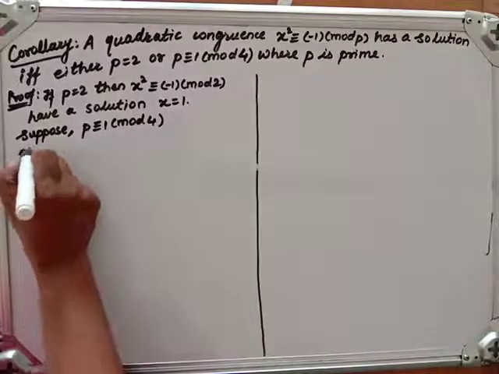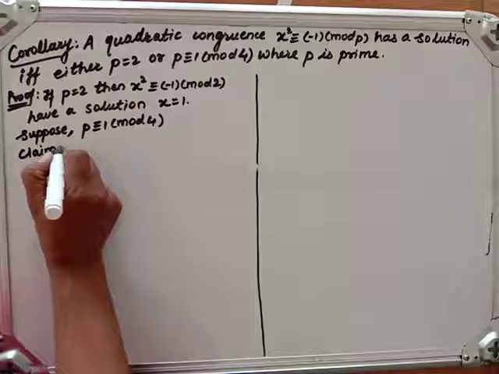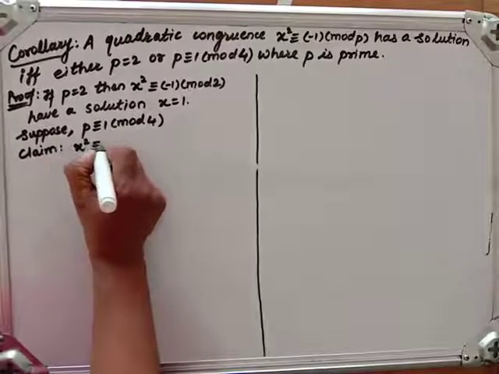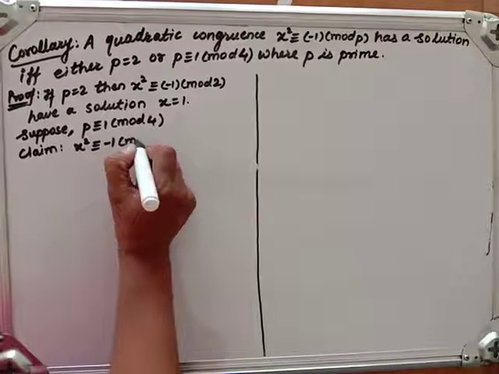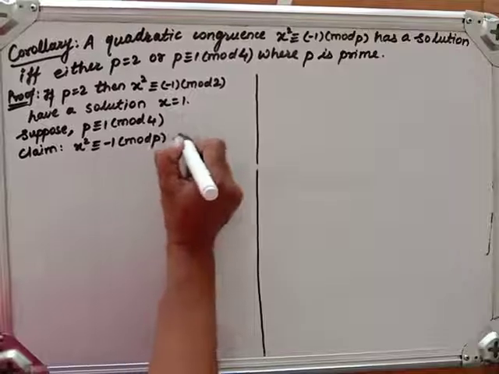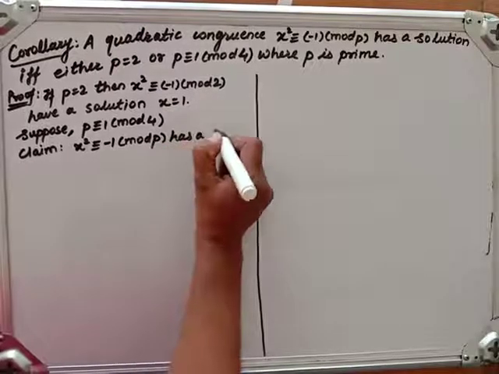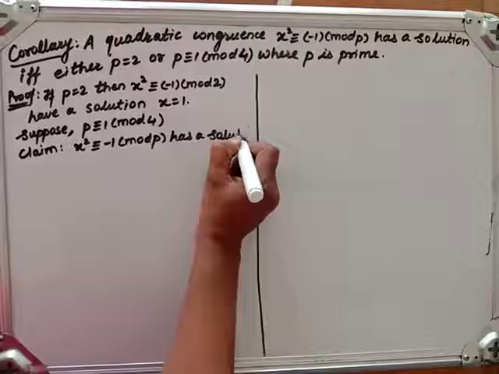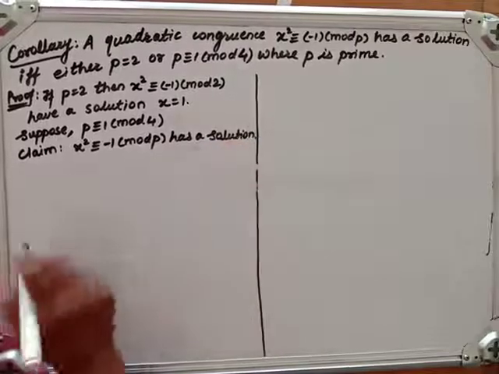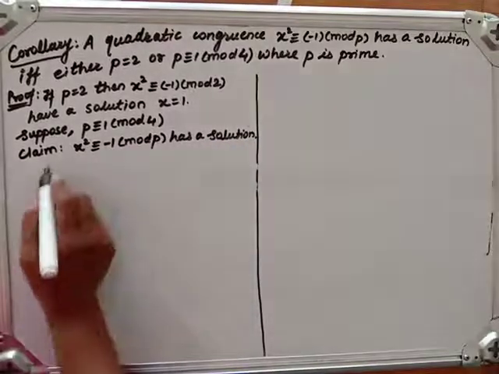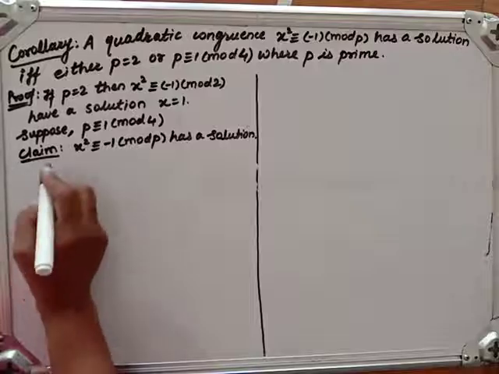That is our aim, or the claim: x square congruent to minus 1 modulo p has a solution. That thing we have to prove. That is our aim.